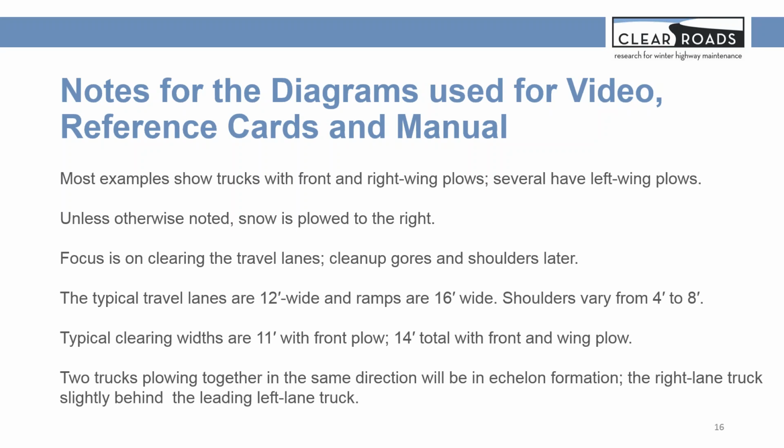The typical travel lanes shown in the examples are 12 feet wide, and the ramps are usually 16 feet wide. Shoulders may vary from 4 to 8 feet. For the clearing width, it's 11 feet for the front plow only, and 14 feet for front and wing plow.